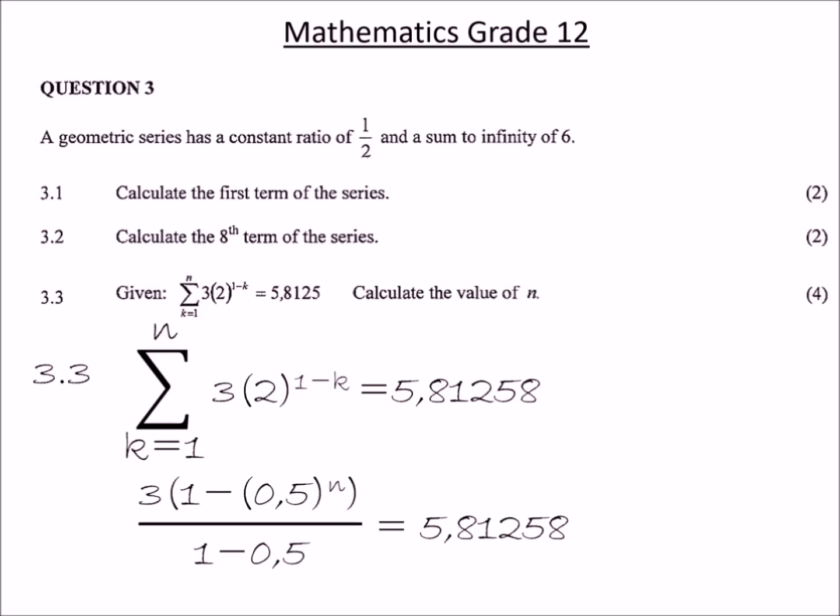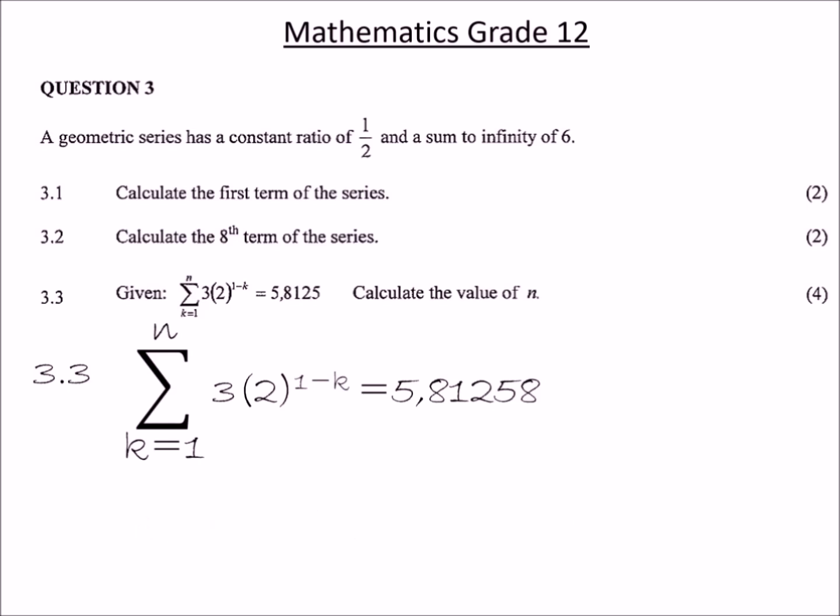On the left-hand side, we divide both the numerator and denominator by 2. Then we divide both sides by 6. On the left we get 1 subtracted by 0.5 to the power n. On the right, 0.9687. Take 1 over 2 to the power n to the other side.